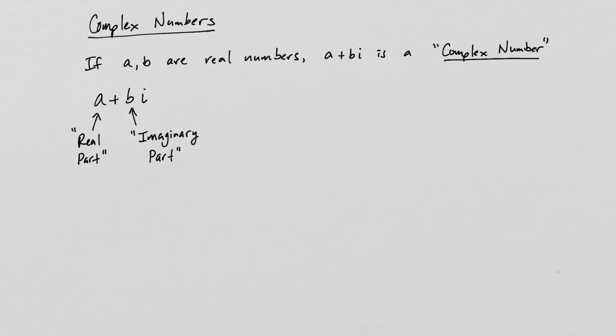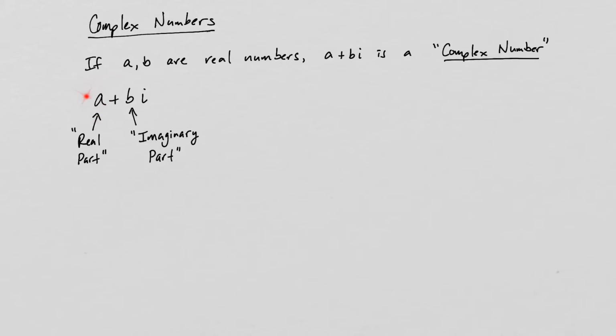So here's a definition of complex numbers. If the numbers a and b are real numbers, then a plus b times i is what we call a complex number. So a complex number is complicated.